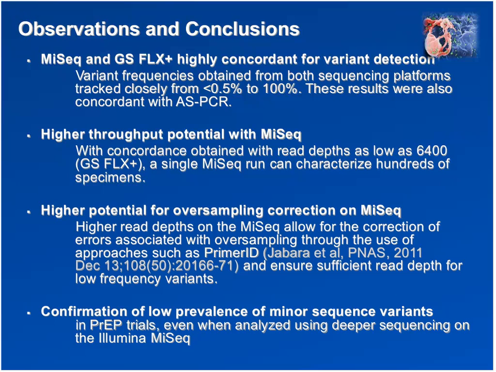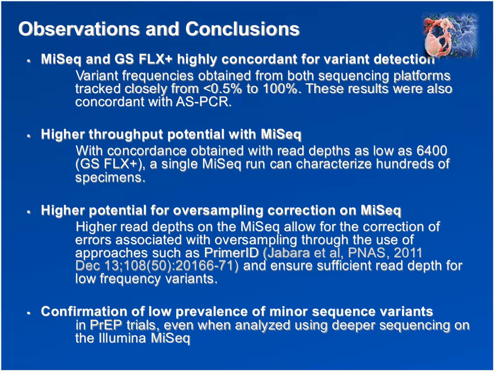So with the primer ID approach, for example, which many of you may know about already, if you had a 10,000 copy input, these are 10,000 HIV RNA copies into your initial RT-PCR reaction, you would want to have a minimum of 30,000 reads from the analysis of that particular specimen in order to be able to use the primer ID approach and correct for any oversampling taking place there.